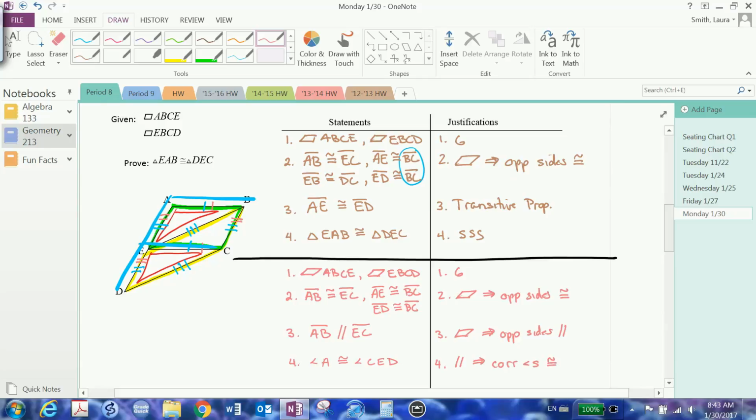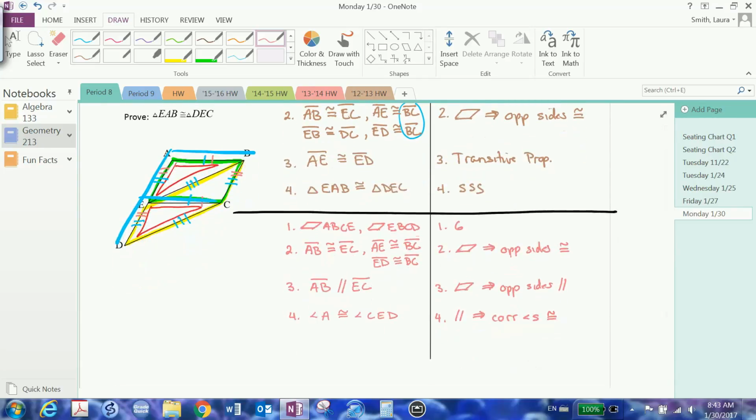Notice that I can't name this angle angle E because there are lots of choices for angle E. But I could name the other one angle A because there's only one choice for angle A. Yep. If we have parallel lines, then the corresponding angles are congruent. All right.